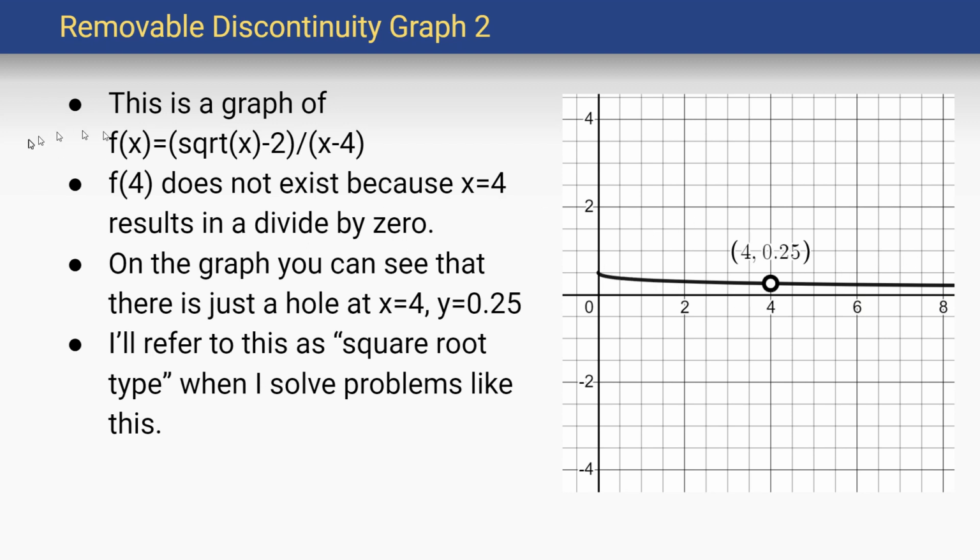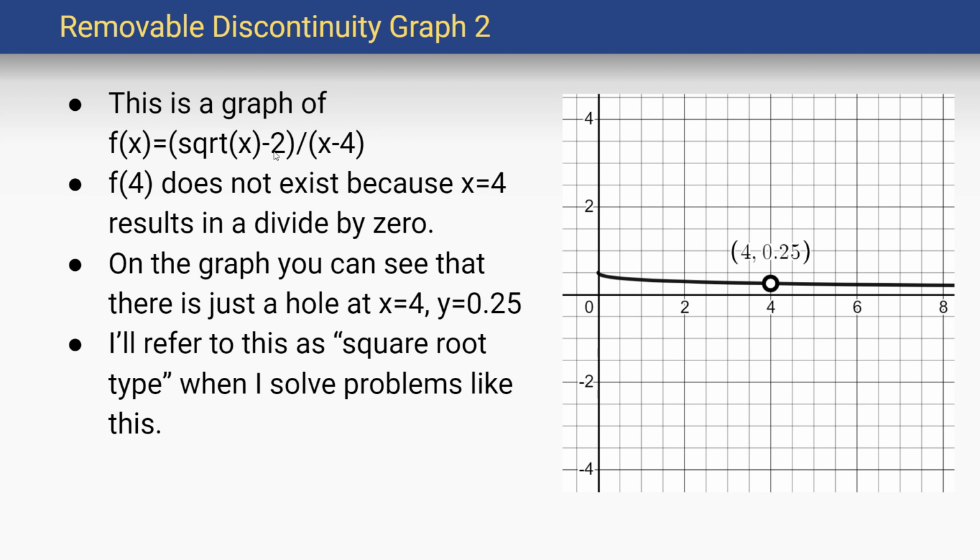And if you look at a formula for the function, you'll see that it's the graph of the function square root of x minus 2, divided by x minus 4. If you consider trying to plug in 4 to calculate f of 4, you're going to have the same issue as the previous case, where the denominator, x minus 4, will become 0, and the numerator will also be 0 if you plug in a 4, because the square root of 4 is 2 and 2 minus 2 is 0.